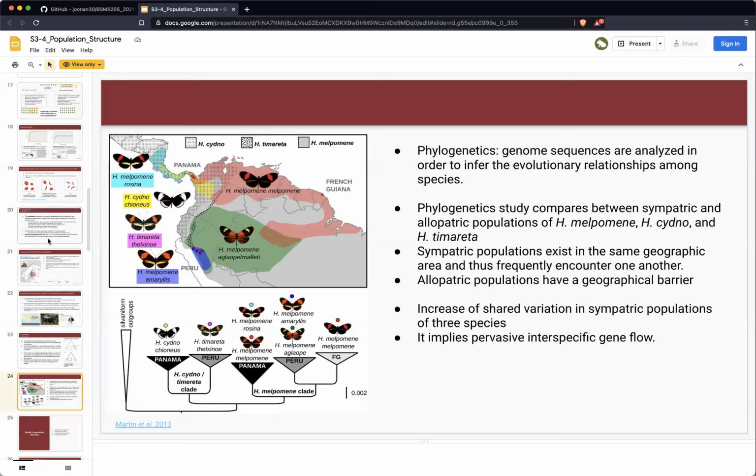So I assume that one of the most interesting topics in human genomics, maybe these days or in your days after 5 or 10 years, is how we understand interracial marriage populations, right?